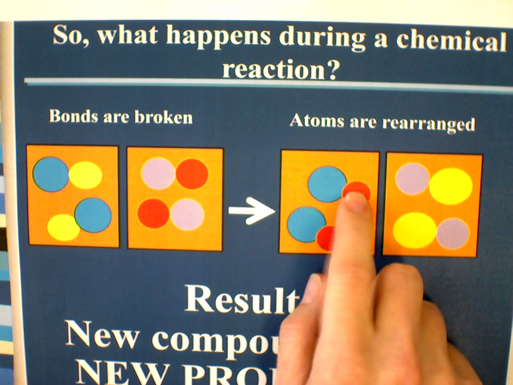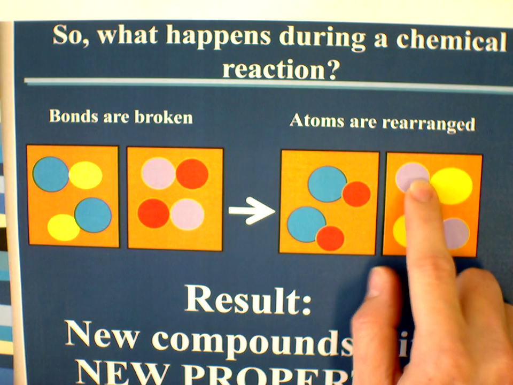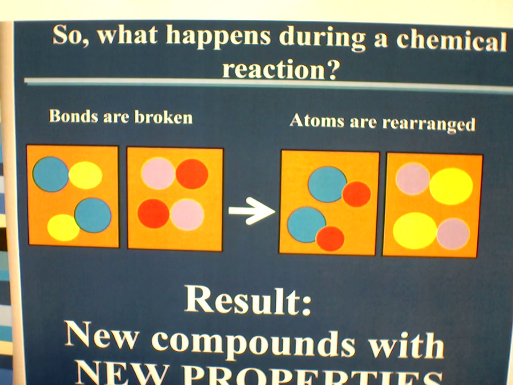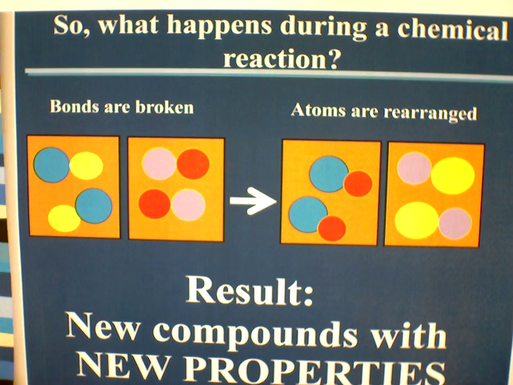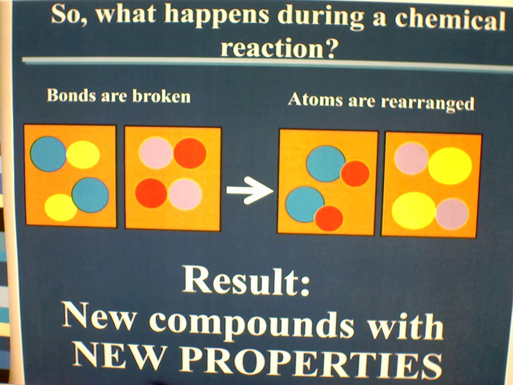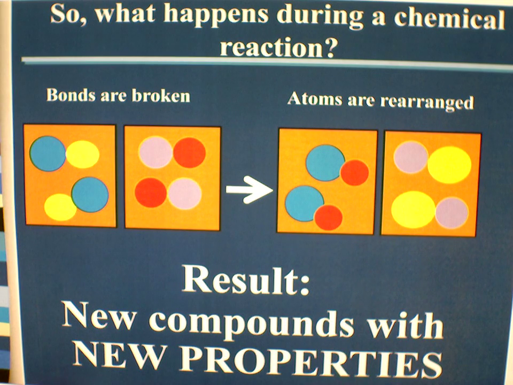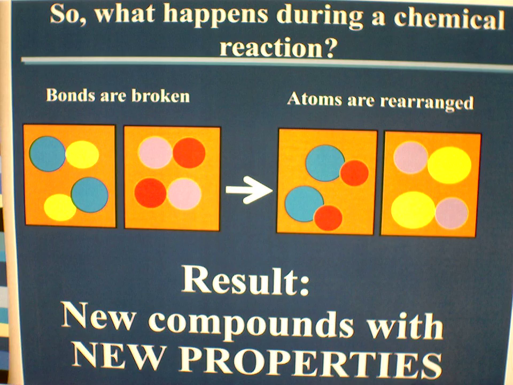So we have the blue and the red now, and the pink and the yellow. So new compounds are being formed, and these new compounds have new properties to them. So anytime a chemical reaction is happening, you're forming a totally new substance. You're not just changing states, new things are forming.